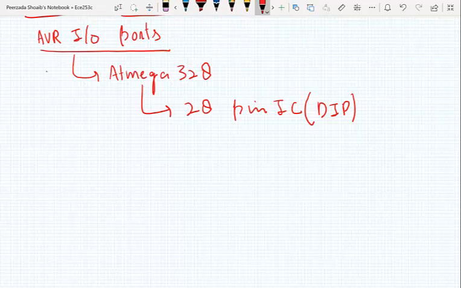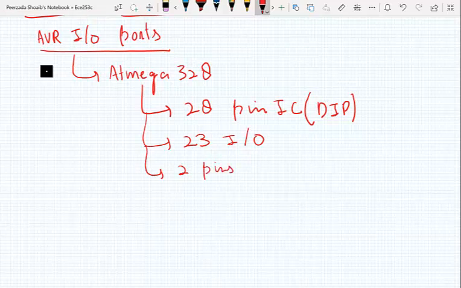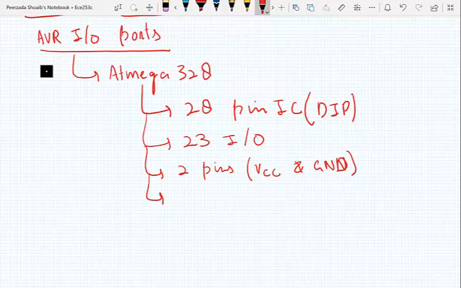Of these 28 pins, we have 23 input output pins. 2 pins are used for power supply, that's VCC and ground. And the remaining 3 pins are used for ADC operations.